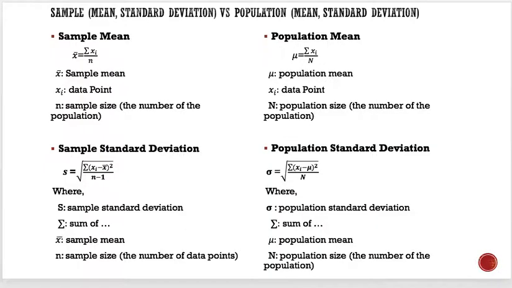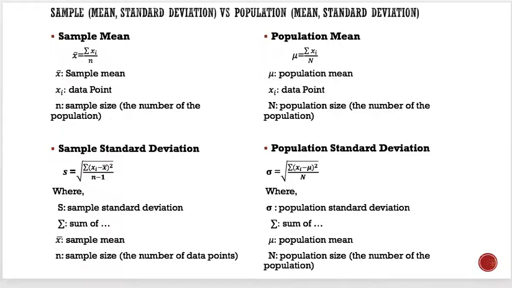Before we go to the normal distribution, let's learn some different notations and formulas. In the first lecture, I already pointed out that there are 2 categories in statistics. One is descriptive statistics, the other is inferential statistics.